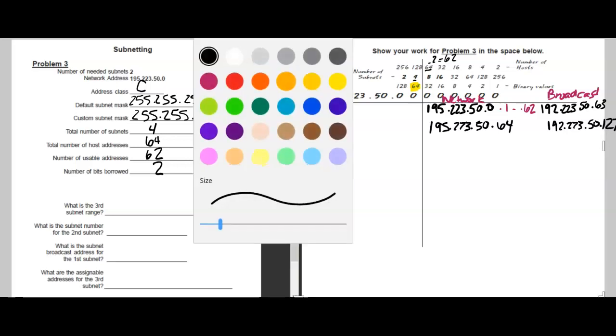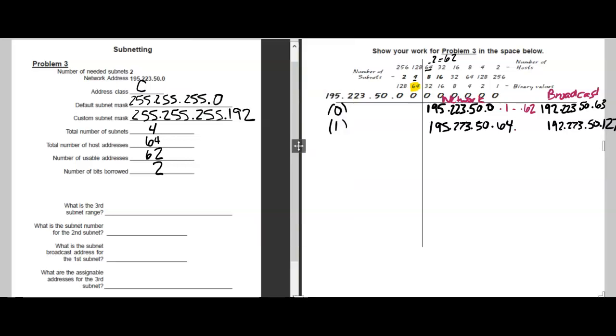So our usable would be .65 to .126. So then we're going to do range 3, which is number 2.